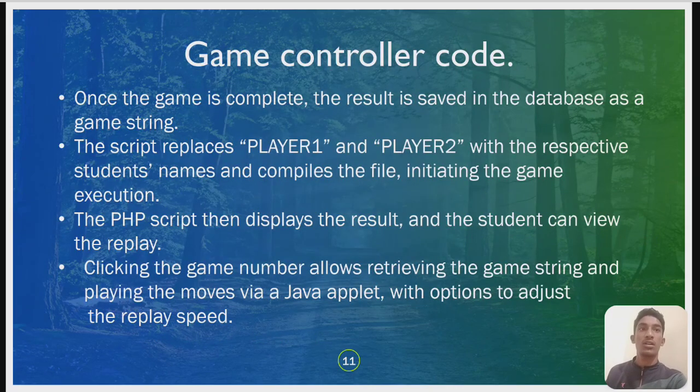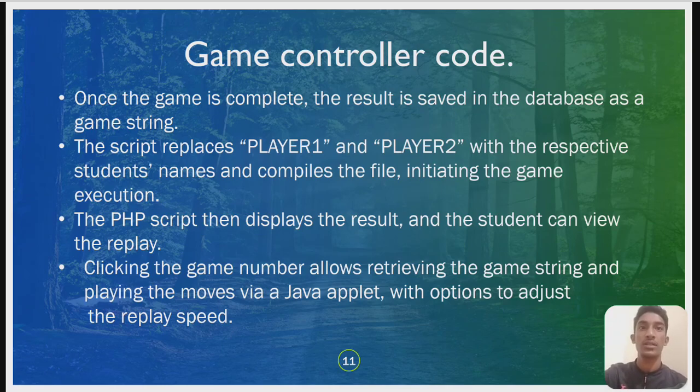Game controller code. Once the game is complete, the result is saved in the database as a game string. The script replaces player 1 and player 2 with the respective students' names and compiles the file, initiating the game execution.